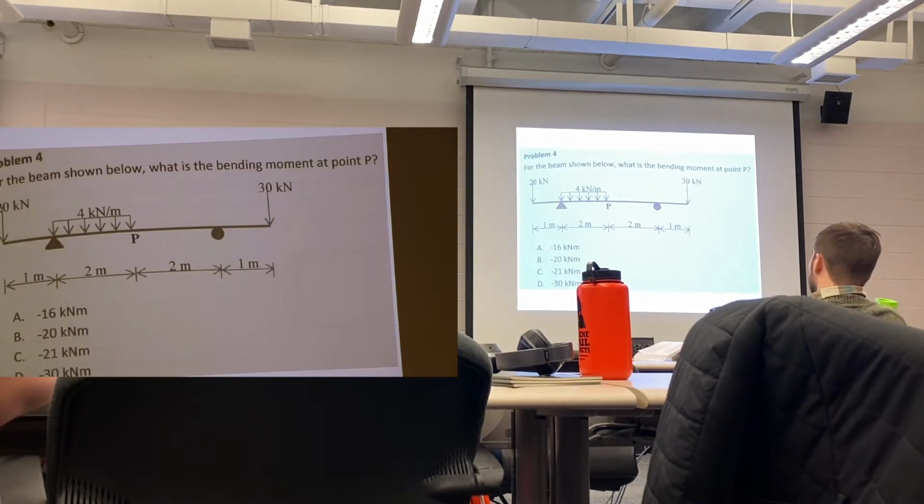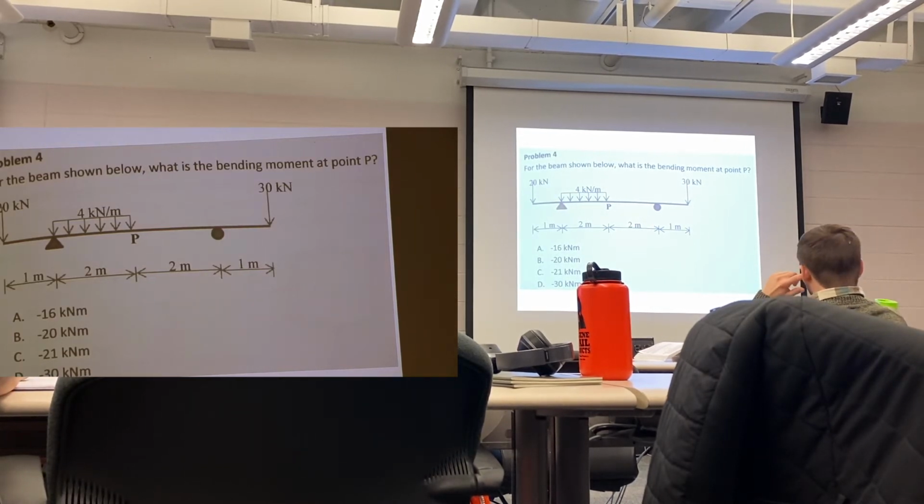Next, for the beam shown below, what is the bending moment at point P? Well, it's definitely negative something. But now, you need to see what is the fastest possible way to get this done. Any suggestions? Yes?